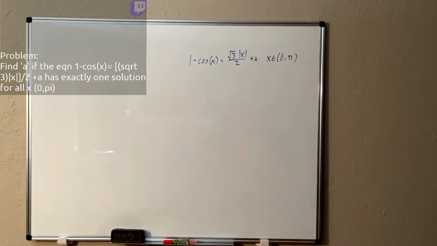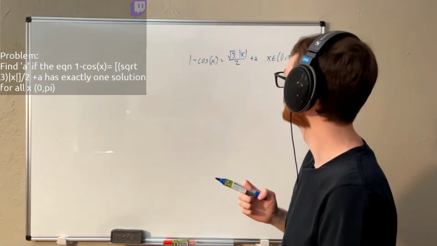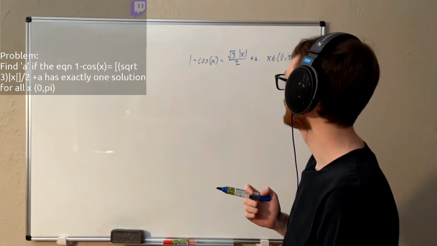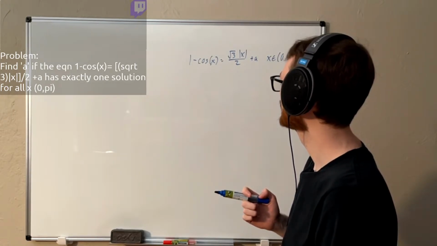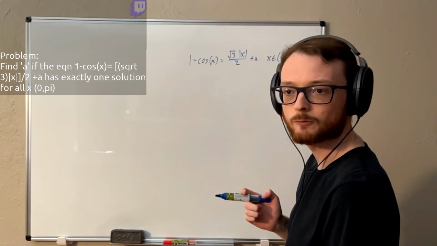Thank you for confirming. I was thinking of isolating a on one side, bringing all the other terms to the other side, and assuming a is f of x. Maybe there's something in there too. I don't quite understand how you would go from there.